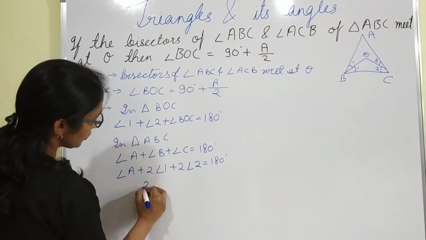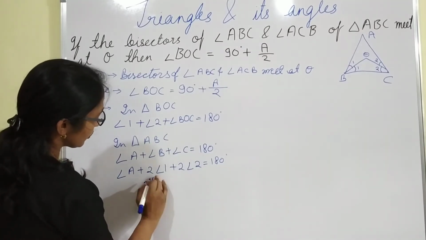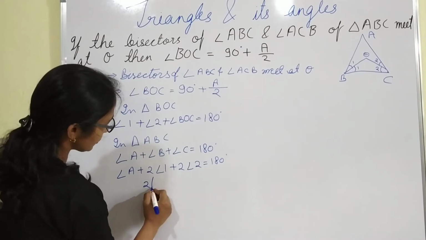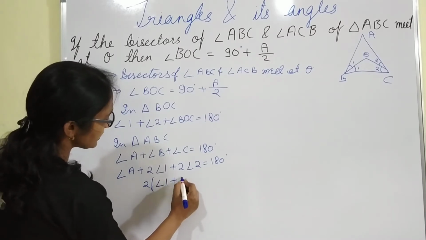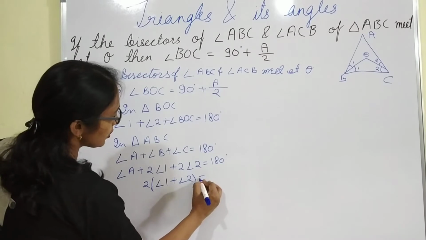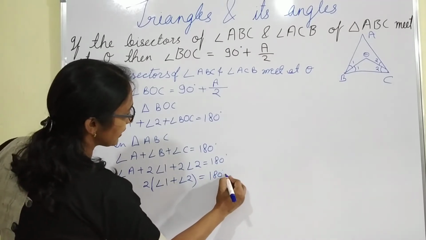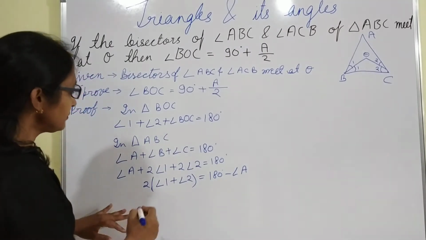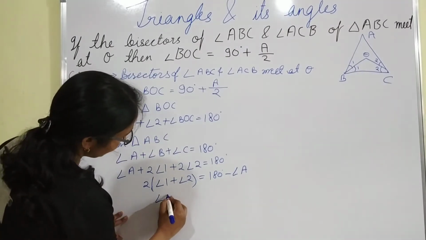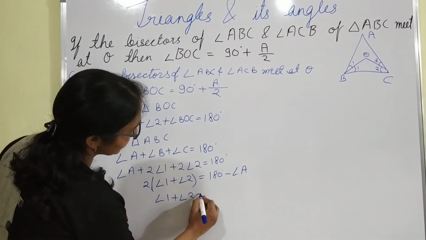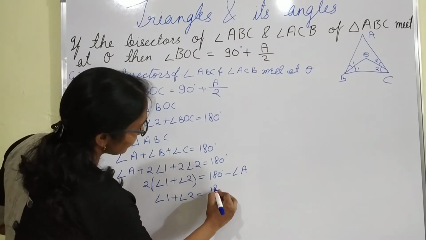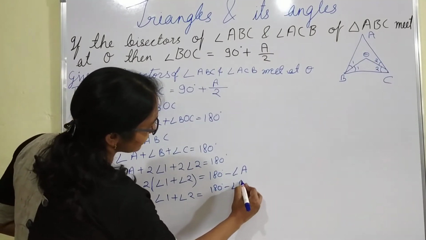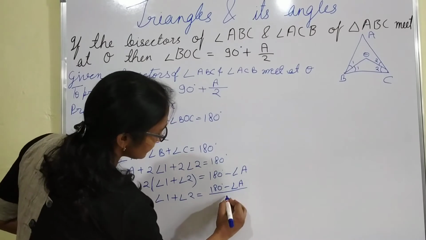So twice of angle 1 plus angle 2 equals to 180 degree minus angle A. So angle 1 plus angle 2 equals to 180 degree minus angle A upon 2.